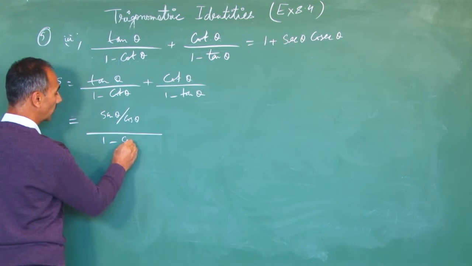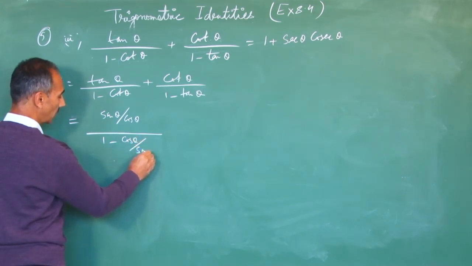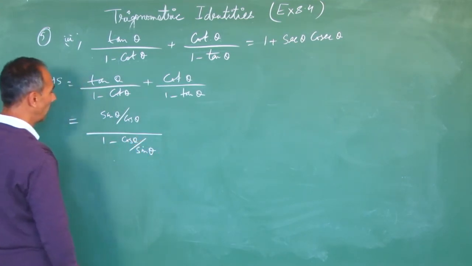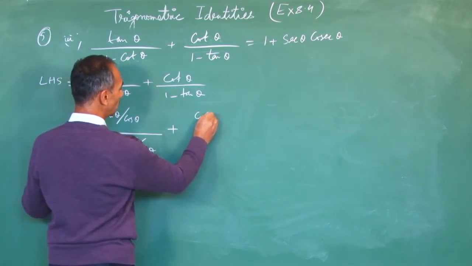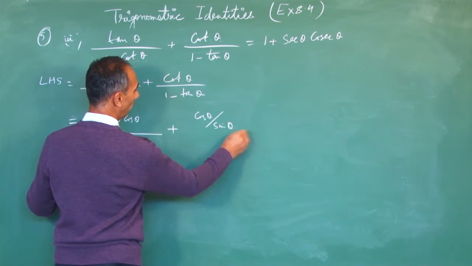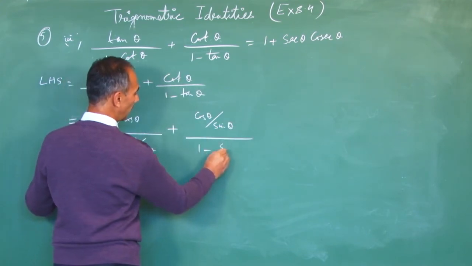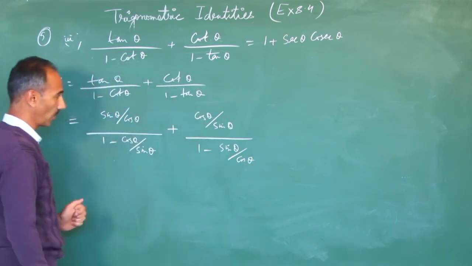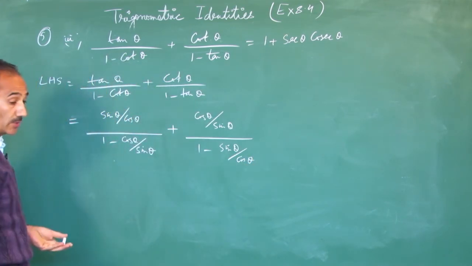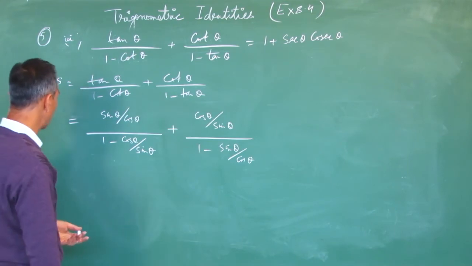It's cos upon sine. It's the reciprocal of tan, so it will have cos upon sine. Plus cot is again cos theta upon sine of theta divided by 1 minus tan theta, which is sine theta upon cos of theta. So this was the first step, expressing in terms of the basic t ratio.